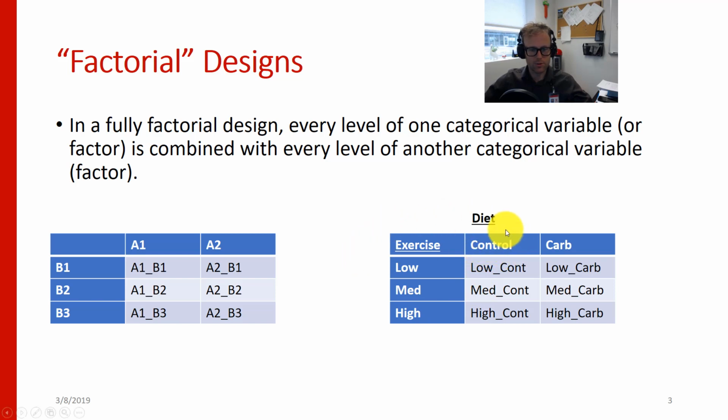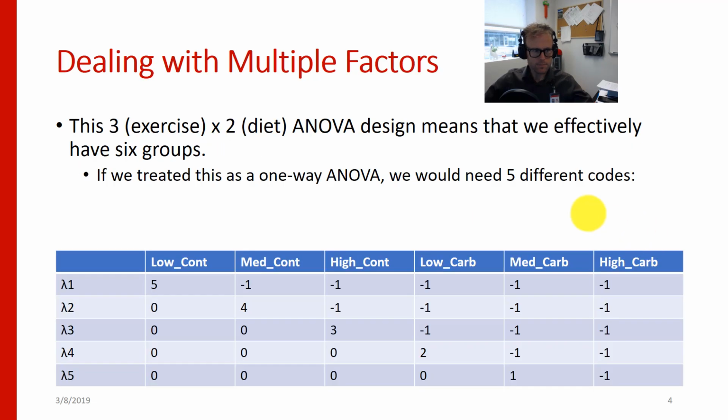We have a control group, and then we have a control group who did low exercise, a control group who did medium exercise, and a control group who did high exercise. We balance that against a carbohydrate supplementation group who did low levels of exercise, a carb group who did medium levels of exercise, and a carb group who did high levels of exercise to create 6 total groups when we cross these two factors.